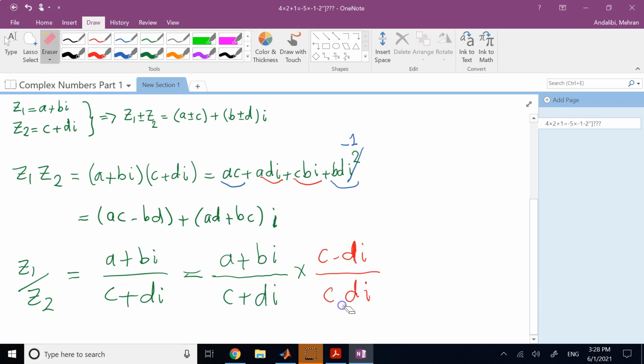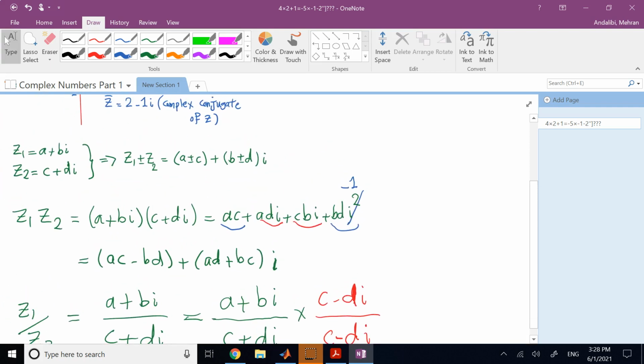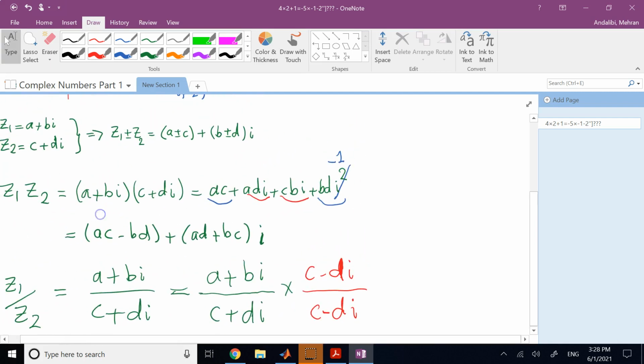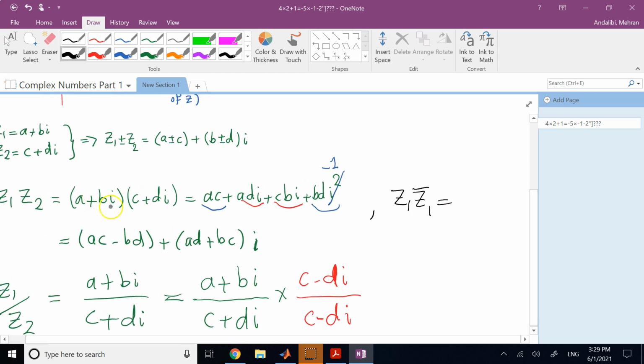Okay, now what's the good thing about it? The good thing is in the denominator. When you multiply a complex number by its conjugate, what would you get? So before I get to this part, I would like to show you that, for example, when I multiply z1 by z1 conjugate, what do I get? Well, it is going to be a plus bi times a minus bi, right?